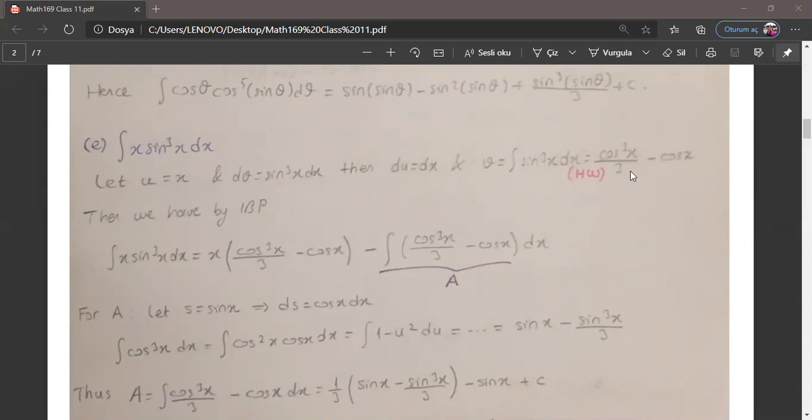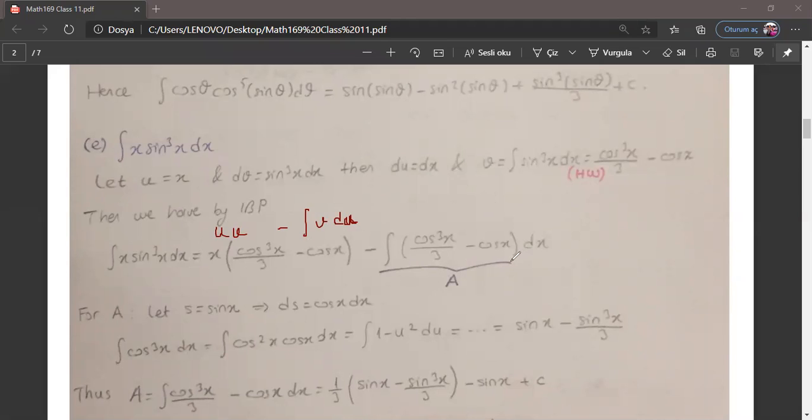So here we have v. Now if we use integration by parts, we get u times v minus the integral of v du.